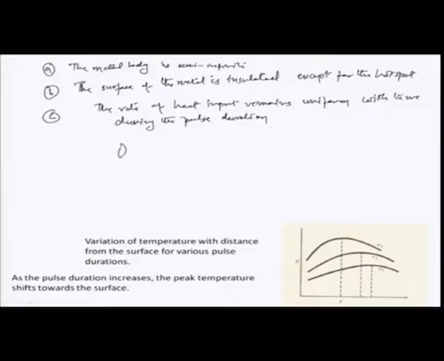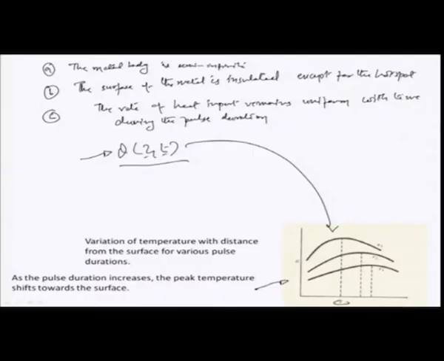And then if we plot the nature of theta(z, t), the temperature with respect to the depth from the surface z and the time t, we obtain the plot of theta as indicated here with respect to z.